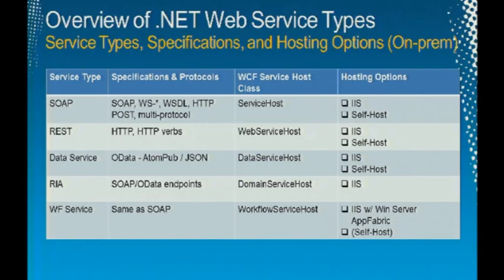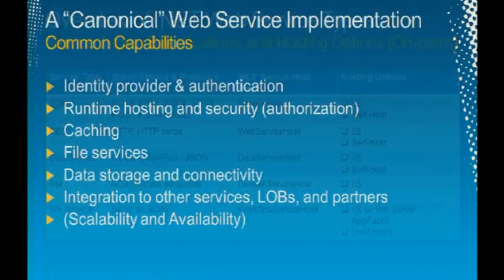Each one of these service types comes usually with its own service host class in the .NET framework, and then you have a couple of hosting options as well. Either you can self-host, or you can host in IIS and WAS, possibly enhanced with Windows Server AppFabric in the on-premises version of that deployment. This is something to keep in mind, because you'll need to think about those hosting classes for the different types of services when you start deploying them to the Azure platform. We'll come back to that later on.